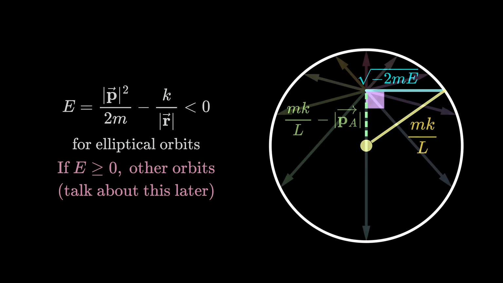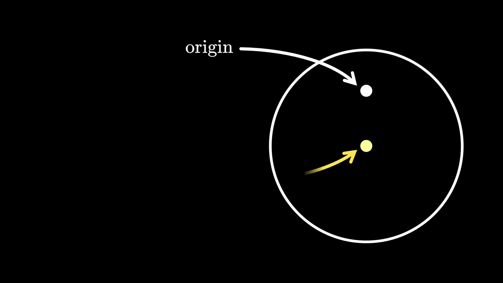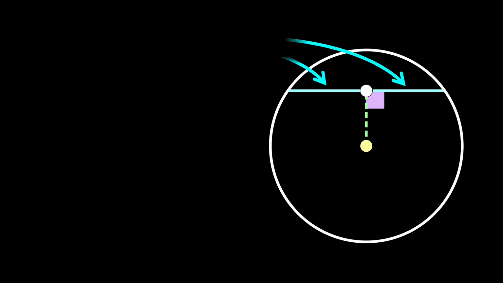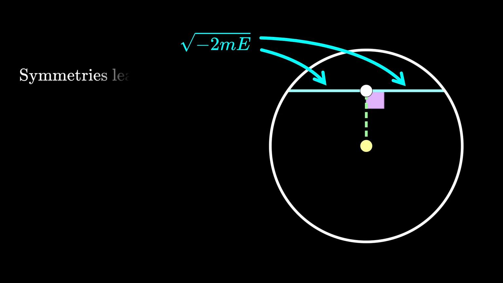As a little summary, if you see a circular hodograph, identify the origin where the vectors emanate from and the center of this circle. Draw a little segment joining the two and the perpendicular line from the origin. We've shown that either of these two segments has a length of square root of minus 2mE. Since symmetries preserve energy, it leaves this length unchanged.